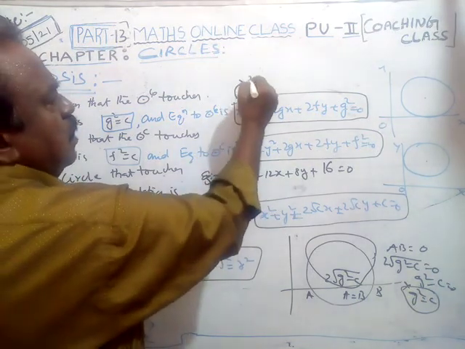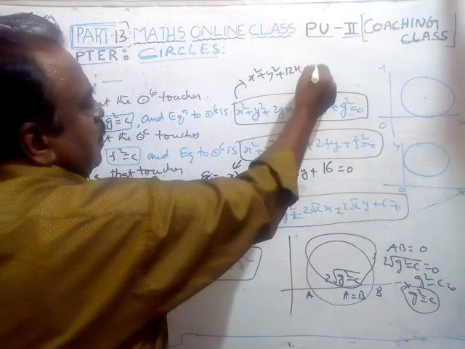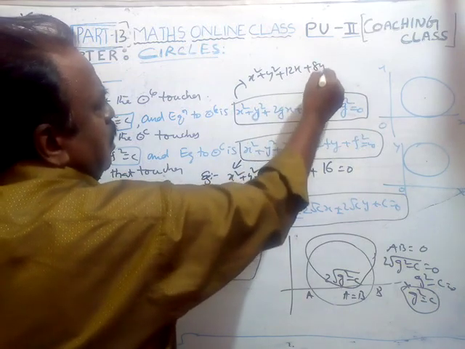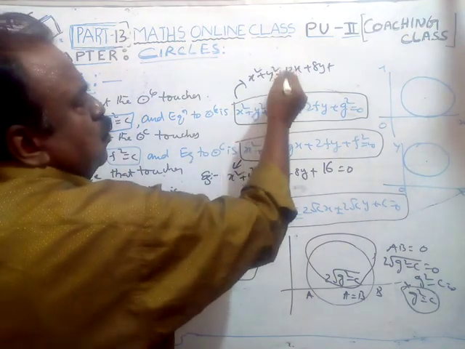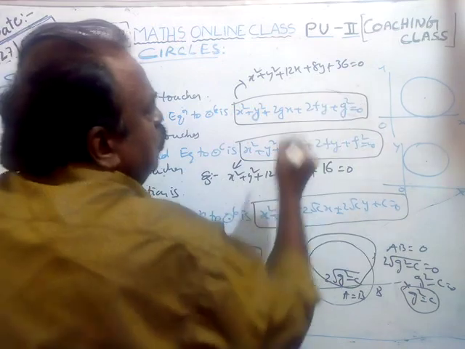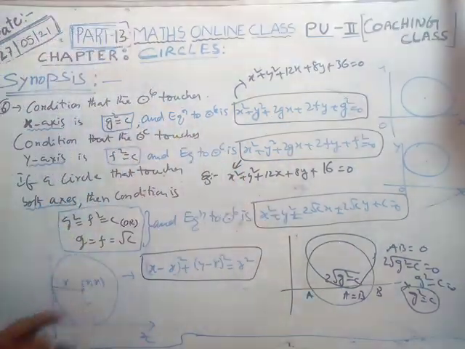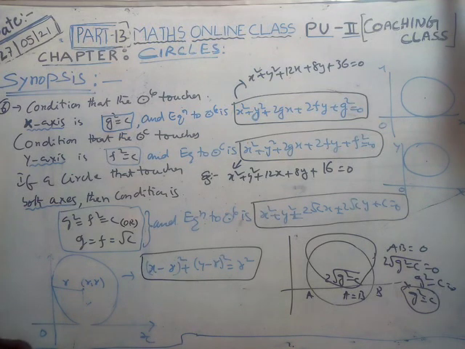Whereas for x square plus y square plus 12x plus 8y plus 36 is equal to 0, that is 2gx with 2 into 6 into x, it touches the x-axis. That is the thing.